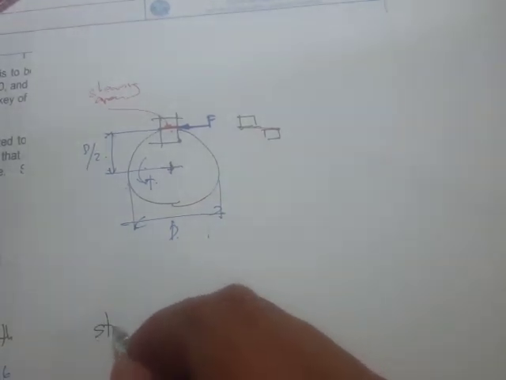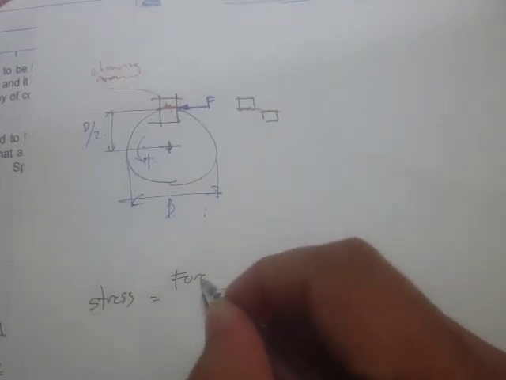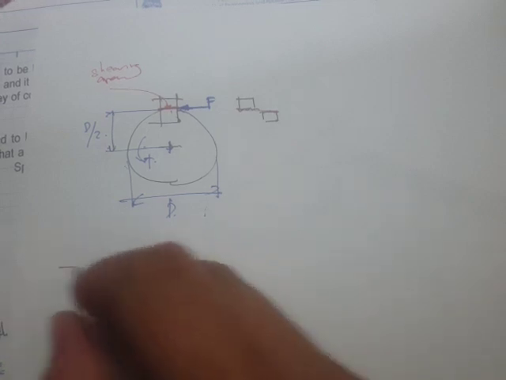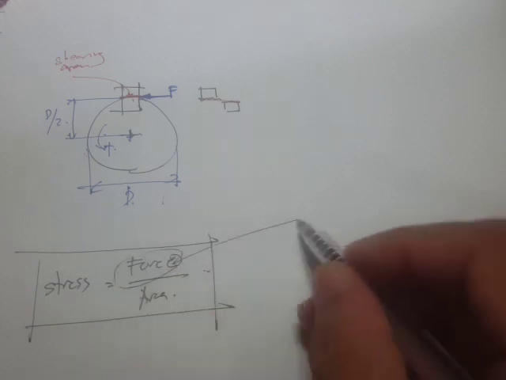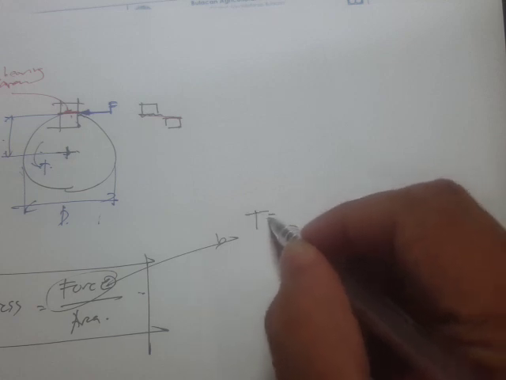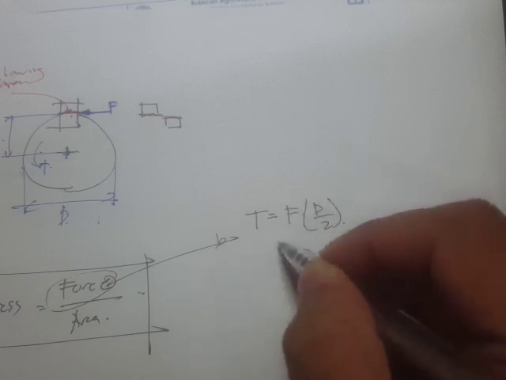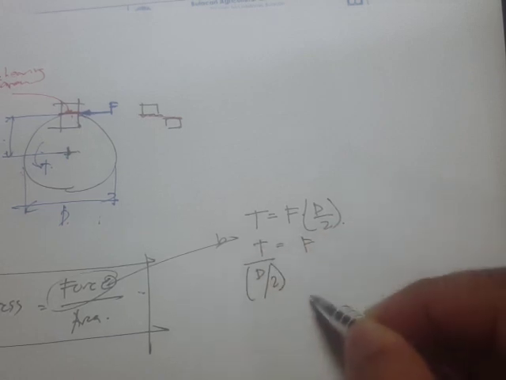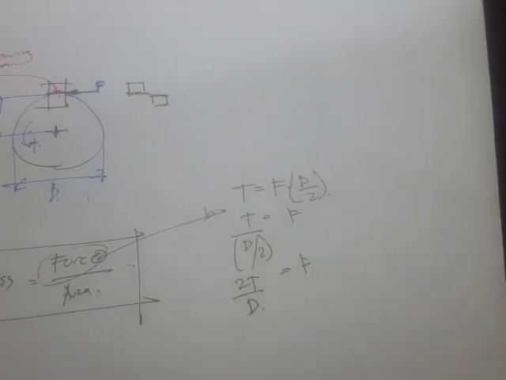Now let's go back to the stress, which is simply the force over area. So what is the force? The torque is equal to force times the radius, d over 2. Therefore force is equal to T over d over 2, or simply 2T over d.